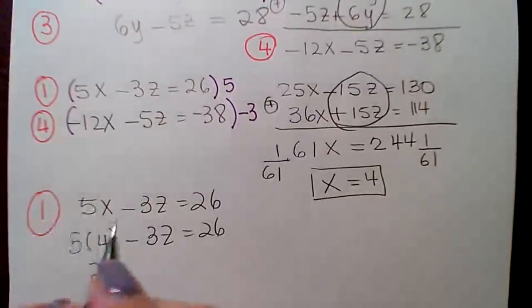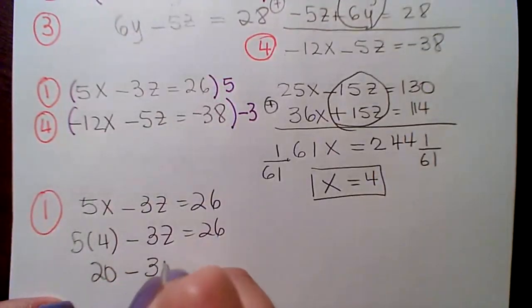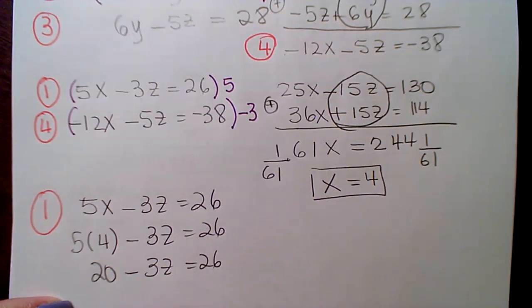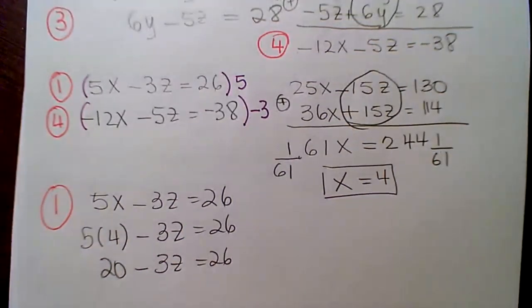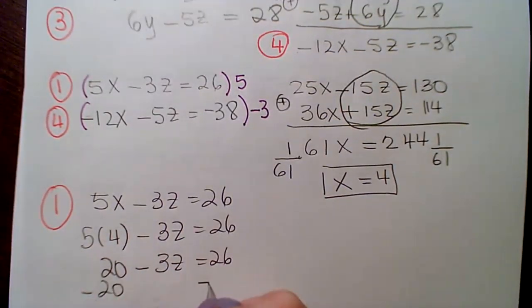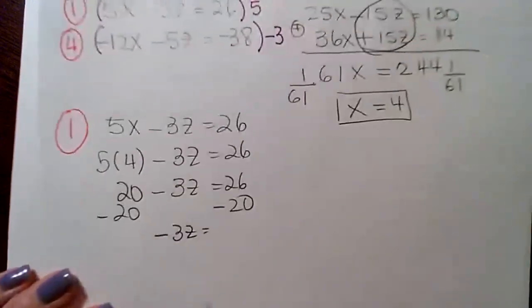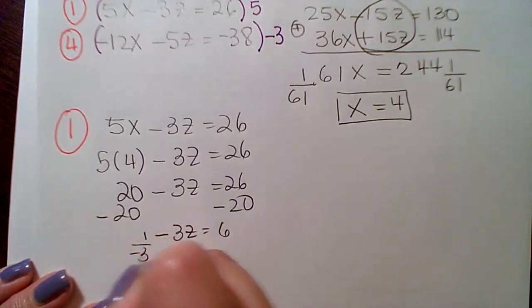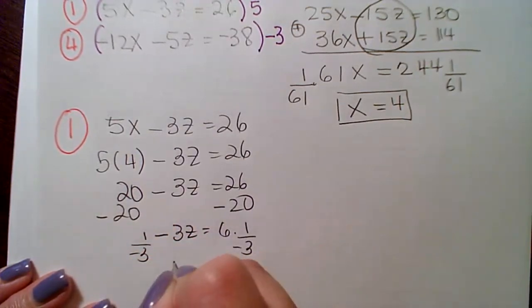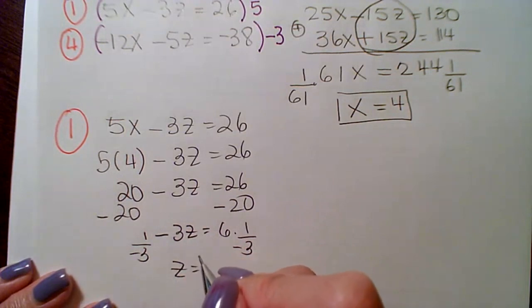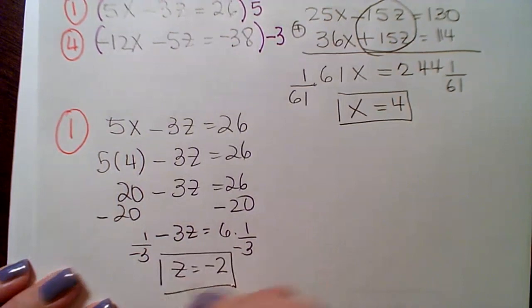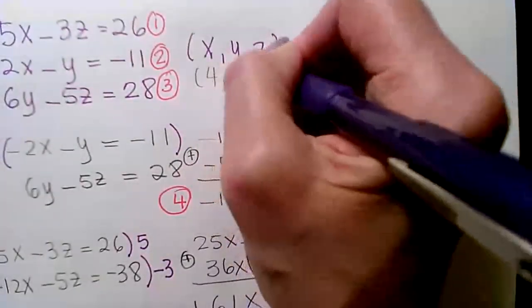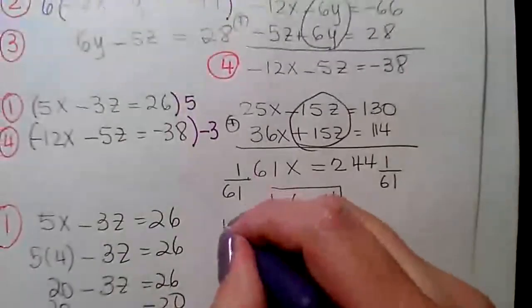Oops, sorry. 20 minus... So we are going to subtract 20. That will be 6. 6 divided by negative 3 is going to be negative 2. So this is going to be negative 2.